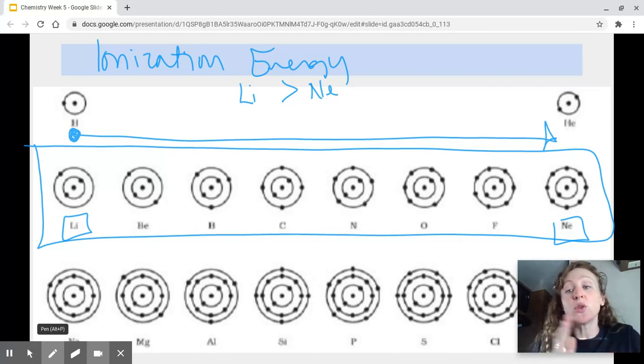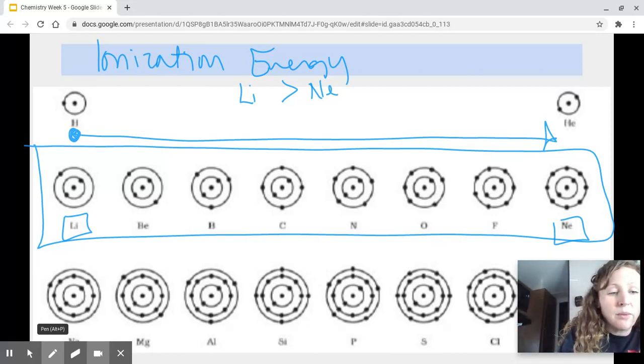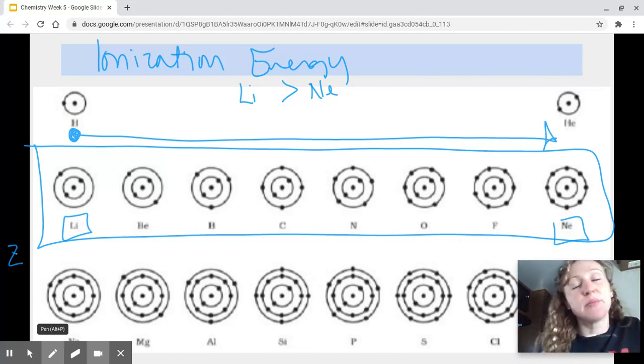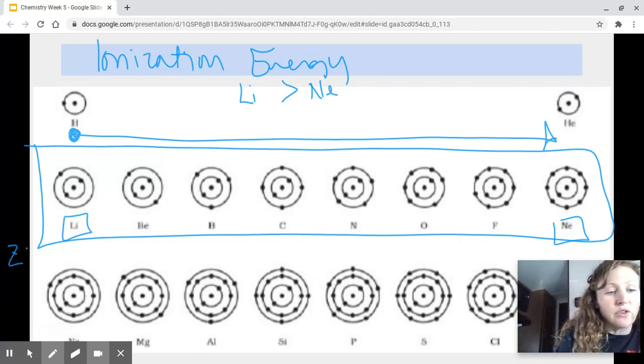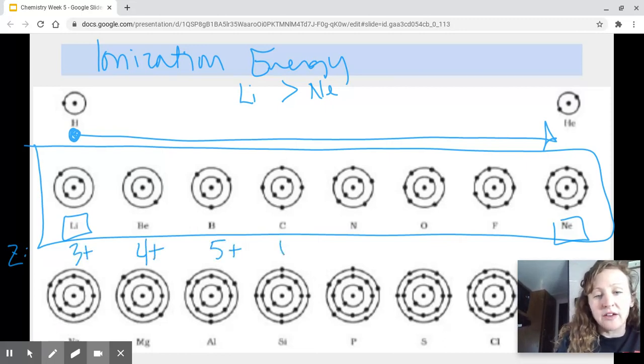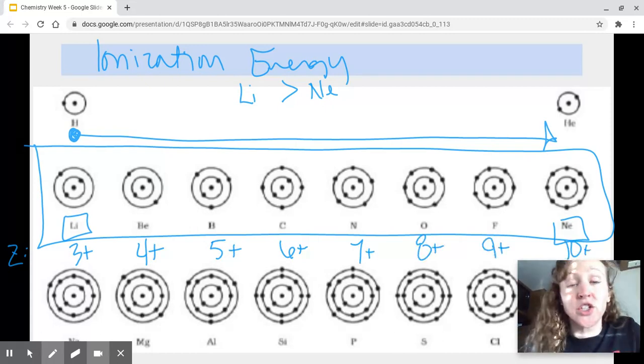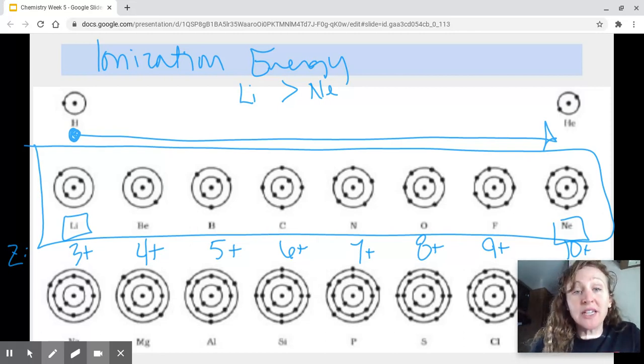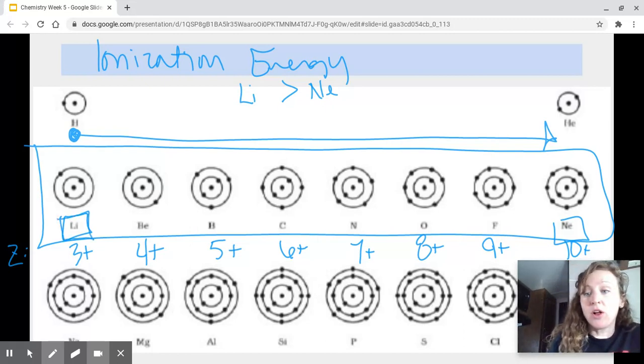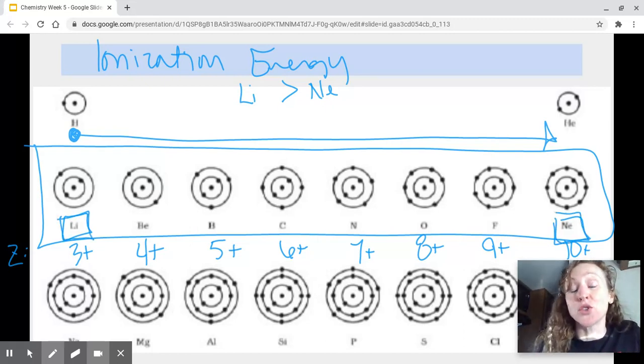So if we look at the nuclear charge, we represent nuclear charge with a Z, by the way, fun fact of the day. So if we look at nuclear charge for all of these, lithium's a 3+, beryllium 4, 5, 6, 7, 8, 9, 10, basically nuclear charge is just looking at protons, right? So we have an increasing nuclear charge, and actually from lithium all the way to neon, it more than triples.